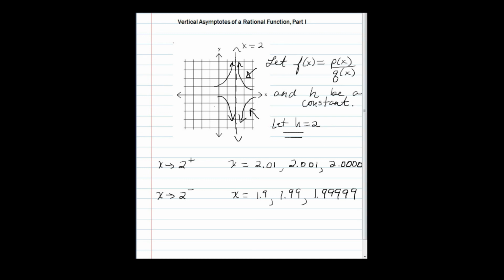If, when doing so, my function blows up towards infinity, then I have that particular example. If, when approaching 2 from the left, my function gets larger and larger negative, then I have this example right here. Okay, in all of these cases, x equals 2, which is a vertical line, would be a vertical asymptote for my function f. And that's how we define a vertical asymptote.